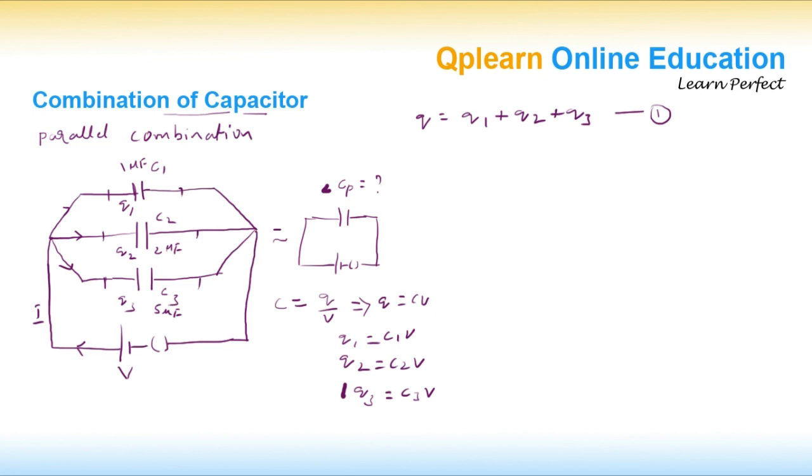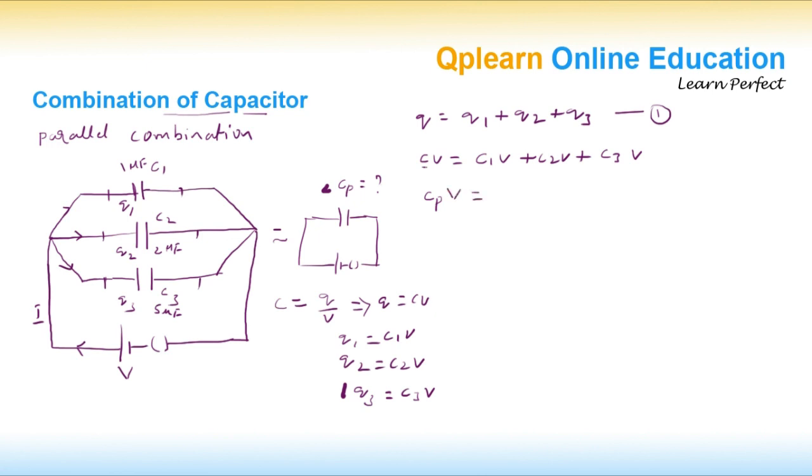In the place of Q we have Cp into V, equal to C1V plus C2V plus C3V. Here C means the equivalent capacitance in parallel combination, that is Cp.